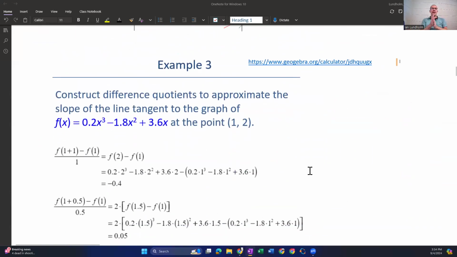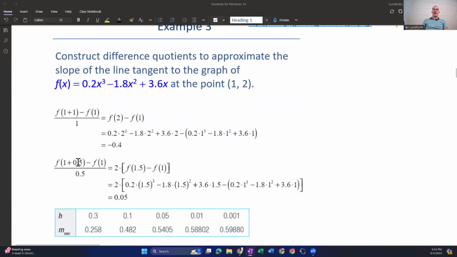Example number 3. We are constructing difference quotients to approximate the slope of the line tangent to this graph at the point (1, 2). I didn't want to write all of this stuff and be boring right in front of you, but the idea is we're constructing this difference quotient, difference of y's over difference of x's, and this is just computation. We're putting in 2 as an input into the function, and then we're subtracting off what happens when we put 1 in as an input to this function.